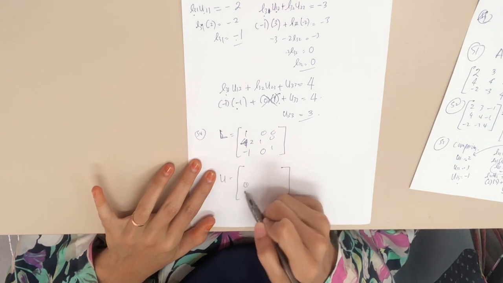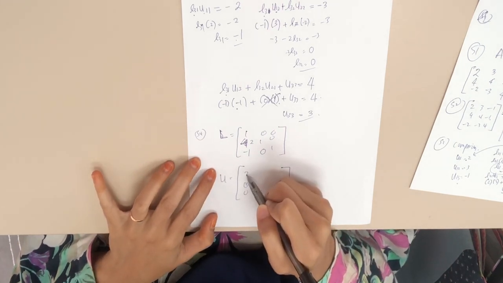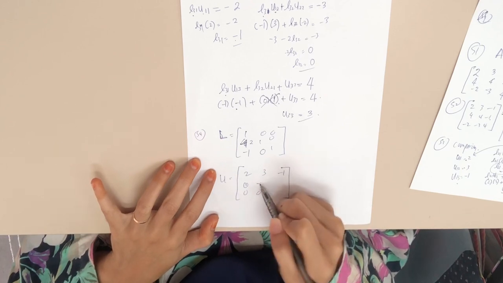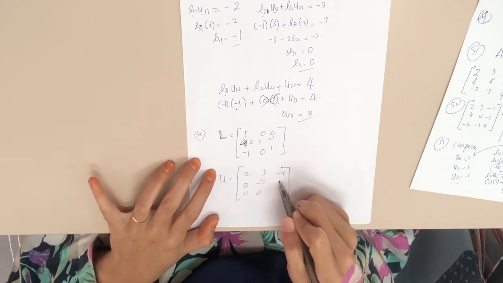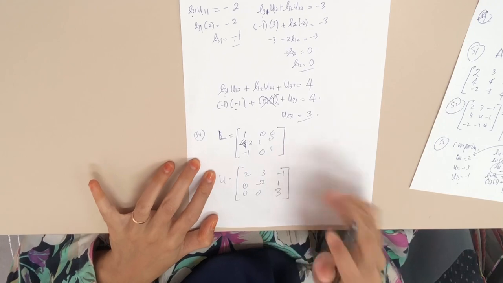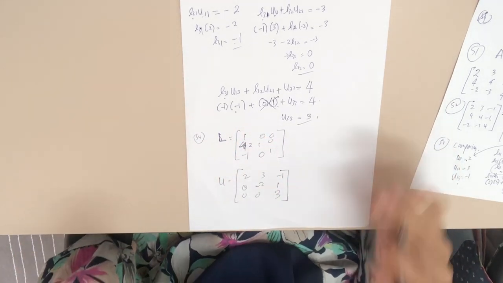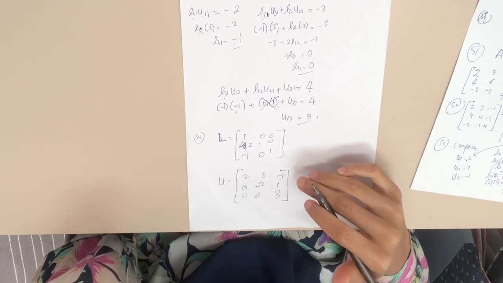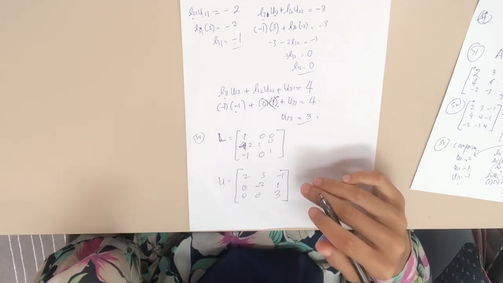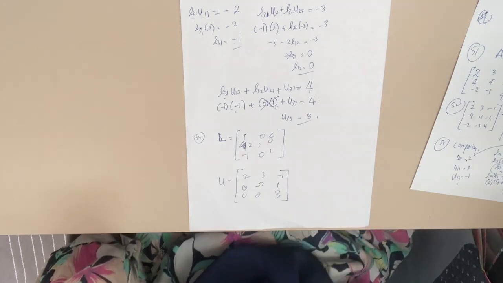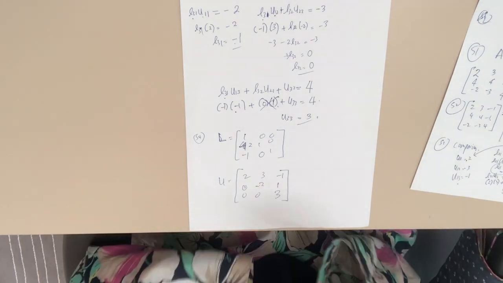And then for U, U11 is 2, 3, -1. U22 is -2, U23 is 1 and U33 is 3. So you already complete your matrix L and U. Then the next step is Ly equal to B.